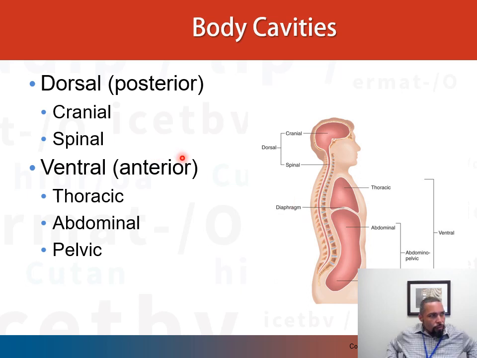Then you have your ventral anterior cavities: your thoracic cavity, your abdominal cavity, and your pelvic cavity, which sits about right here. The abdomen and pelvic region is referred to as the abdominal pelvic region. This whole area, including the thoracic, abdomen, and pelvic, is considered your ventral region.